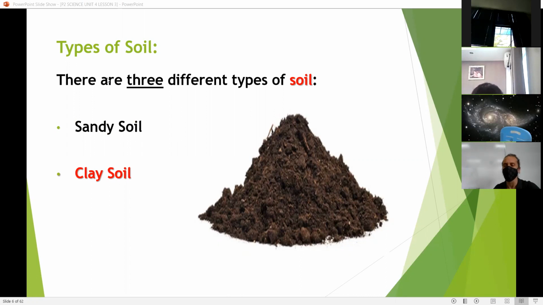What is this one? What does this say? This is clay soil. Clay comes from clay soil. Well done, guys.